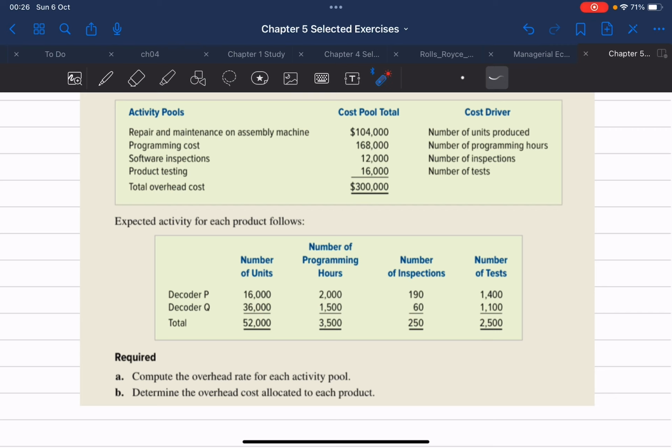So all we're going to do is take 104,000 divided by the total number of units produced, 52,000, and that will give us the allocation rate. In this case it would be 2. Then we take that 2 and multiply it by 16,000 to calculate the allocated cost of repair and maintenance on assembly machine for decoder P, and then again take that 2 and multiply it by 36,000, which is the number of units produced for decoder Q, and that will give us the allocated repair and maintenance on assembly machine for decoder Q.